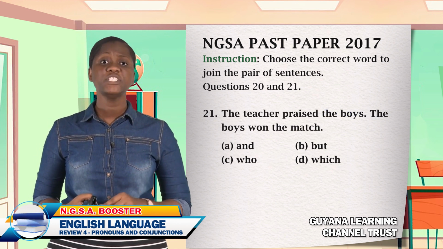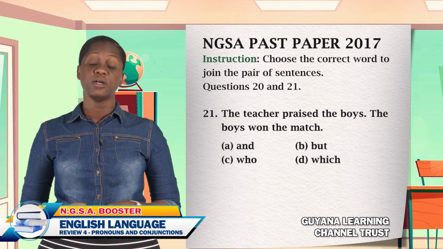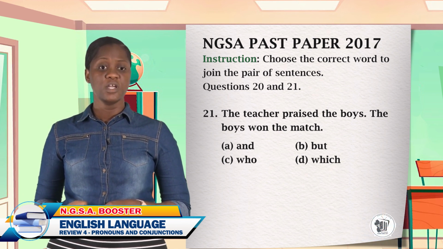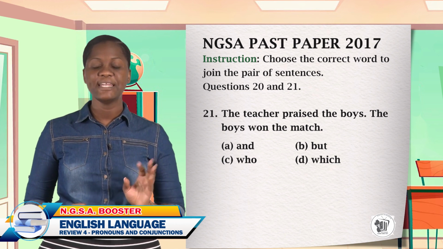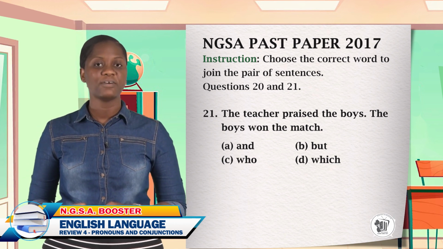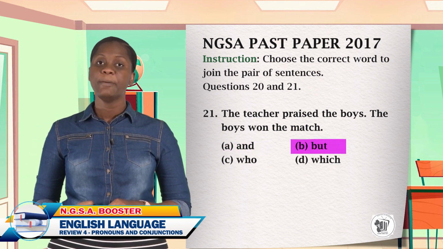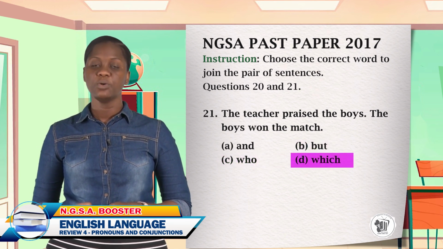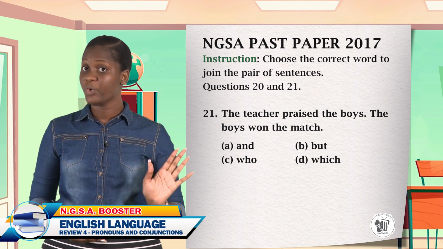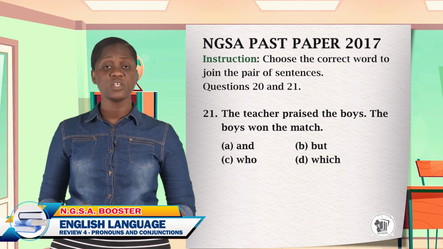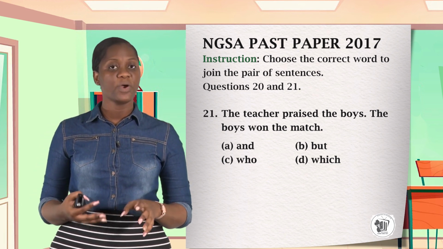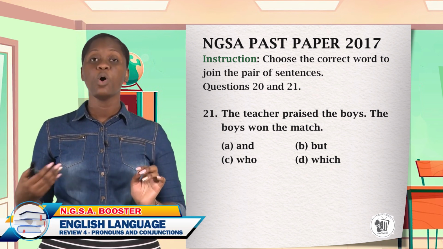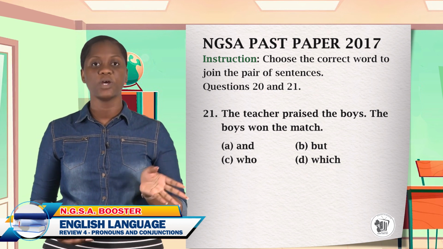21. "The teacher praised the boys." Next sentence, "The boys won the match." So let's look for a suitable connecting word. We have A, and, B, but, C, who, or D, which. It is important to note sometimes, however, boys and girls, that when we are joining sentences, in some cases, we may need to insert or omit a word or words.